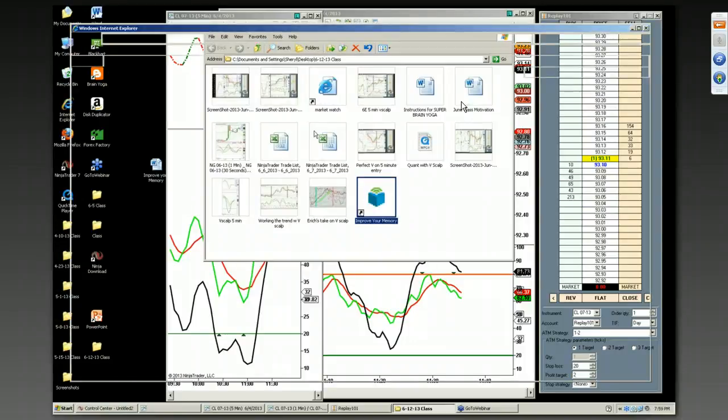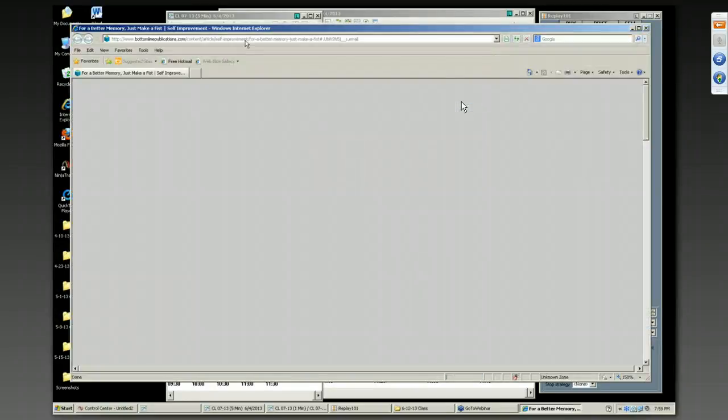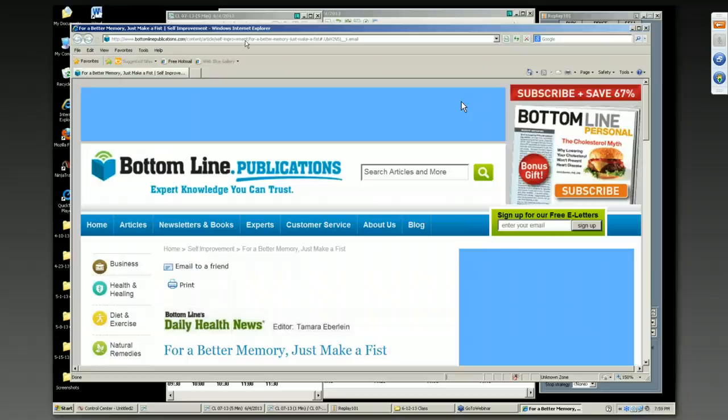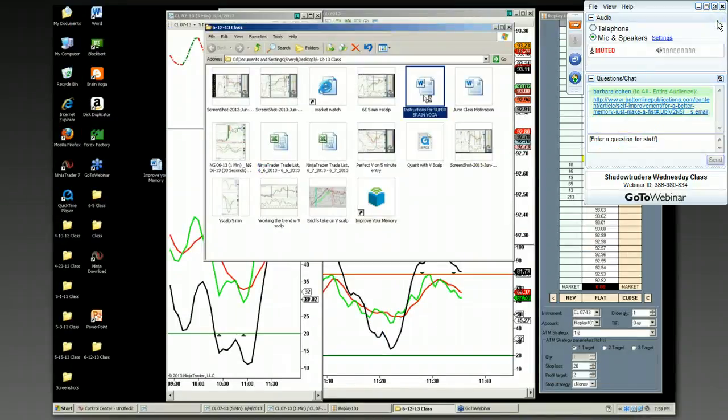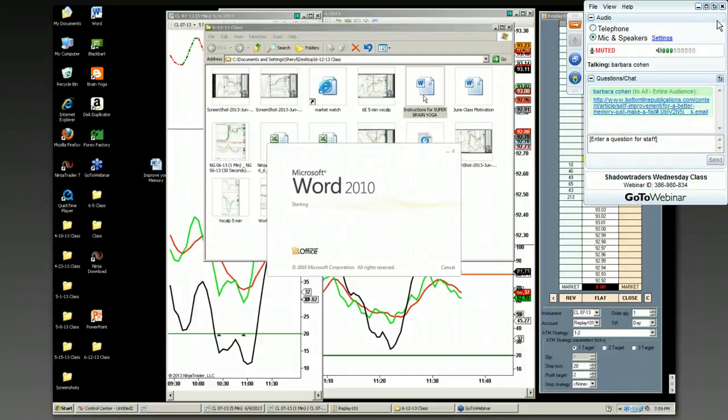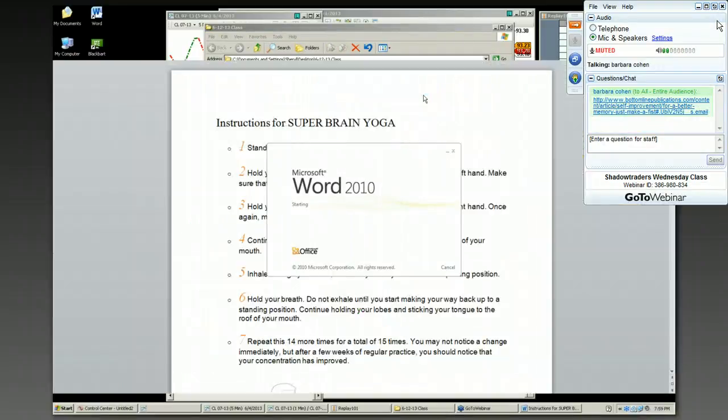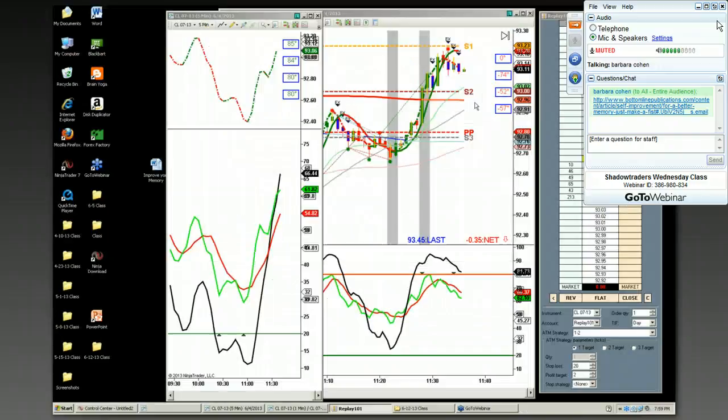I'll put both of them in. Let's copy the link and I'll put it in here. Paste. Okay, let's send. And then let me go get the brain yoga for you real quickly. Oh, I don't have the link for that one. Sorry. But just Google brain yoga and you'll be able to find that.